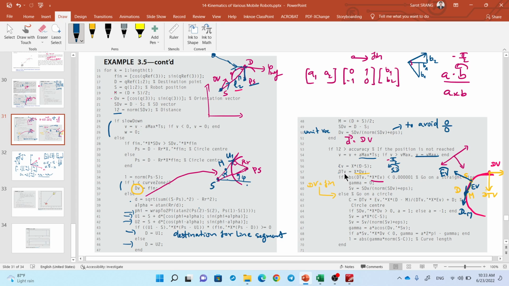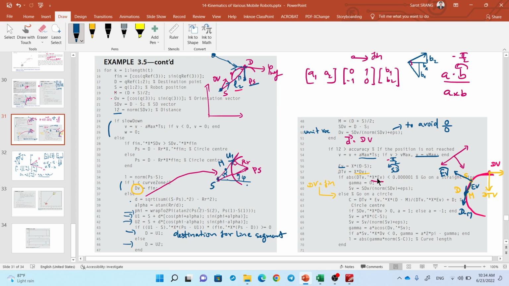And DV, yeah, so actually, in the case of motion along this line before it switches to the circle, EV and DV are the same. Okay, EV and DV are the same.